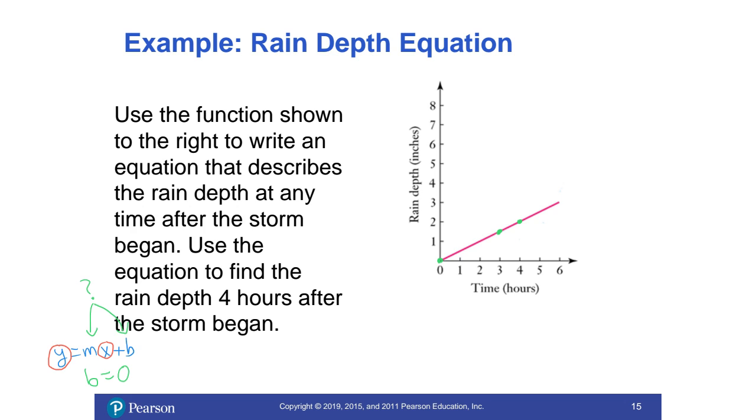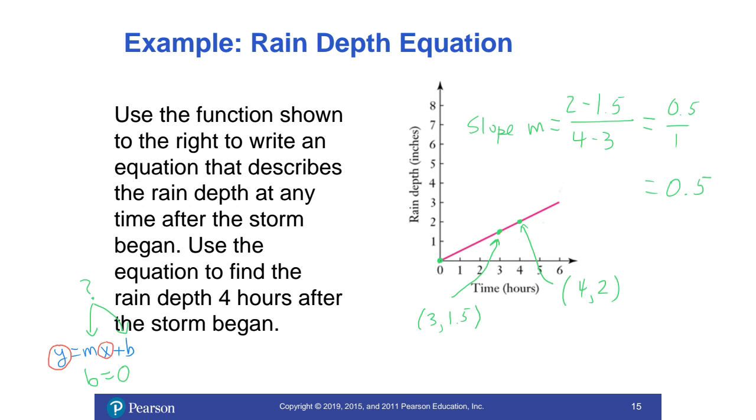Well, this first one is the point 3 comma 1.5, and this one, that's the point 4 comma 2. So if we calculate the slope, m, that's going to be 2 minus 1.5 divided by 4 minus 3, which is just going to give us 0.5 over 1, or 0.5.